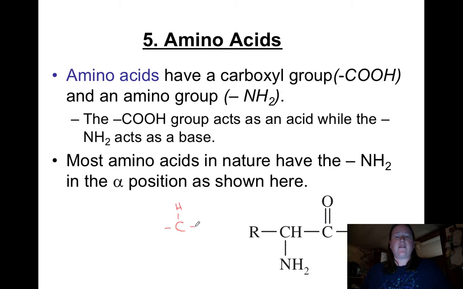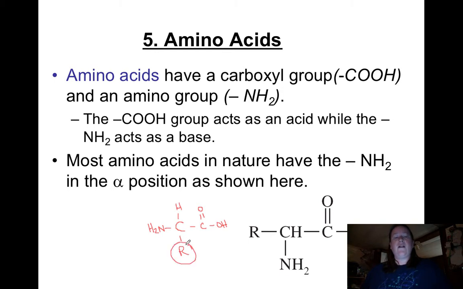This is the way I like to represent it. We have a carboxyl group on this side, and on this side we have an amino group, and it's commonly written as H2N because it is the carbon bonding to the nitrogen. And then this is called an R group, and there are 20 amino acids.